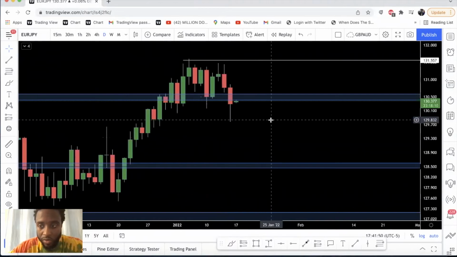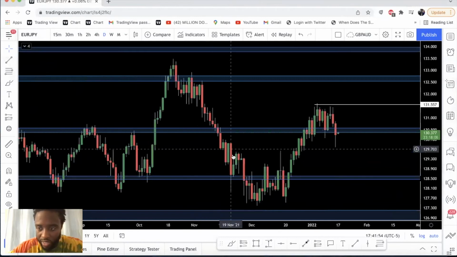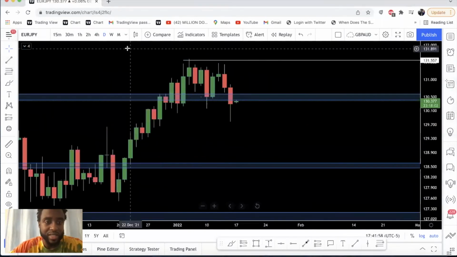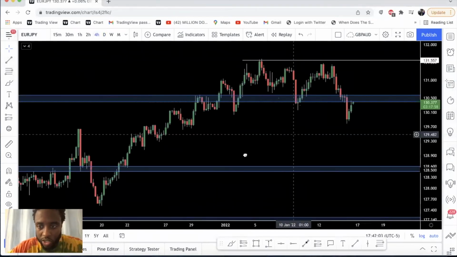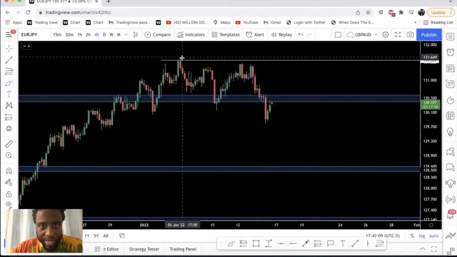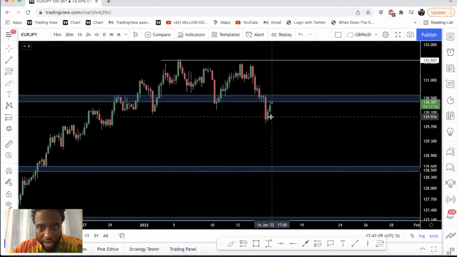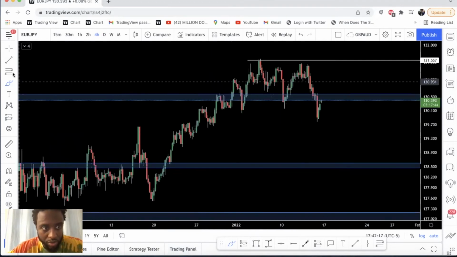So that TP was hit at 129.8. The next TP for this was 129.3, so further down. Looking at this, I can see that on the 4-hour, structure was broken. Price had a top up here. If you look to the left, this low broke these higher low structures. So in my estimation, structure is broken.